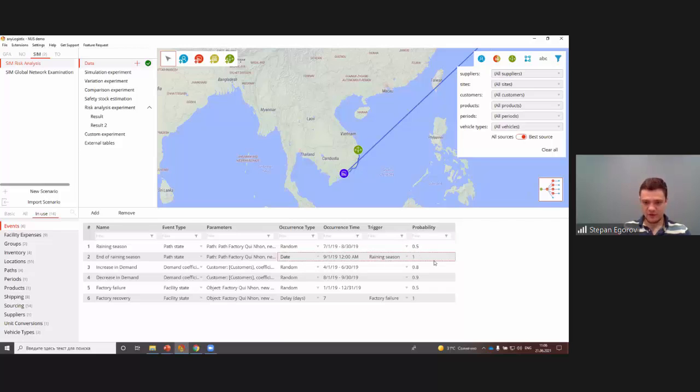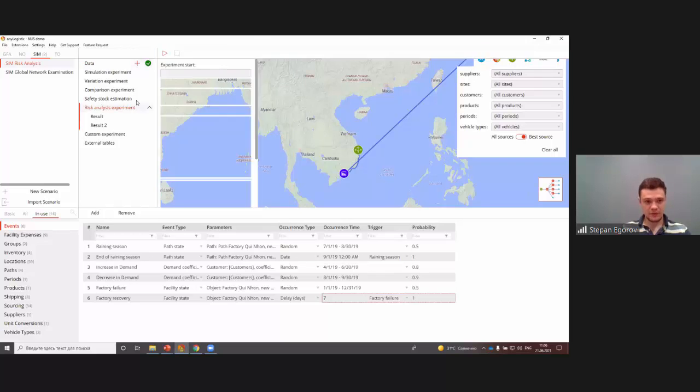And with the end of the rainy season, for sure the production will be restored. We can also see that with certain probabilities, 80 and 90%, there can be an increase or decrease in demand. And we also take into account the probability of factory failure of 50%. So it can fail randomly throughout the year, and it will recover in 7 days.